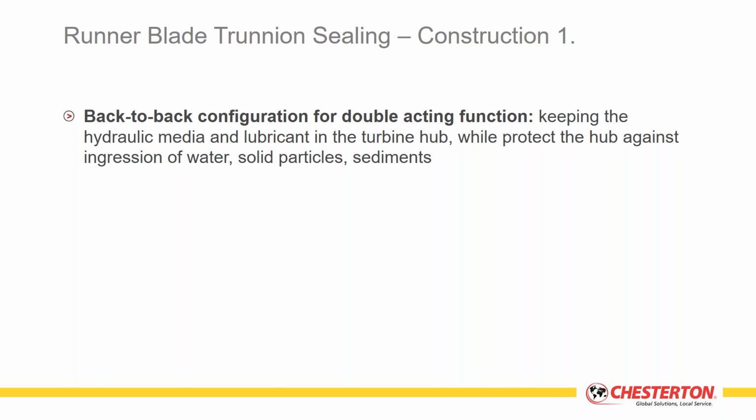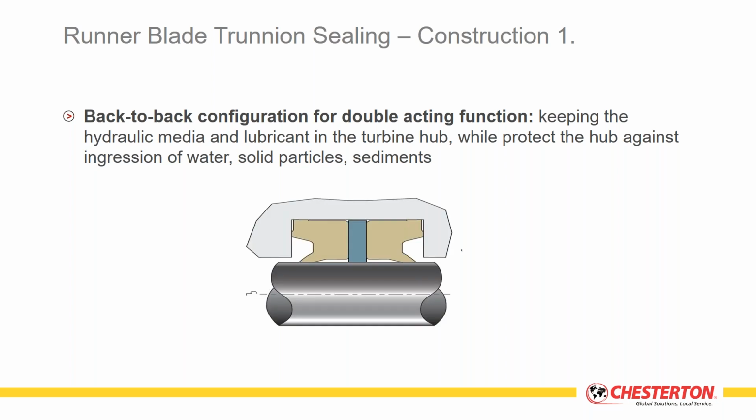So just a few words about the construction of a good runner blade seal that we recommend using. First of all, it has to be a back-to-back configuration, because the runner blade seal must have two functions.